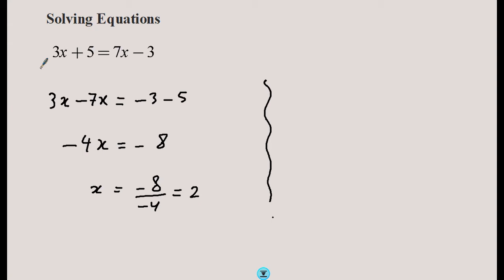So in my head, I can immediately say that when this negative 3 moves here, I will end up with a 5 plus 3, and I simply write an 8, equals the 3x moves to this side and becomes 7x minus 3x, which is 4x. Obviously, dividing both sides by 4 will yield x equals 2. And that's it. You don't need to do all this work and all this writing. So that's my first comment on linear equations.